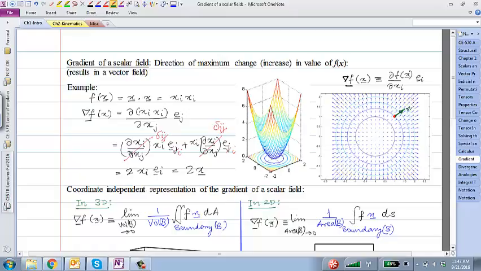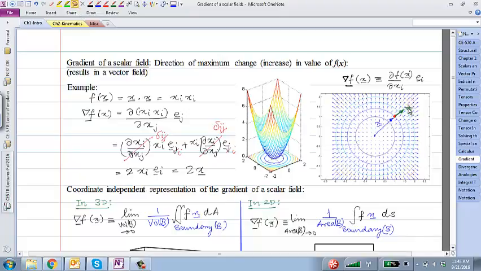So my n in the first case is along the x direction. I'll plot the x vector as well. That's the x vector, and in the first case, my n vector is along x.